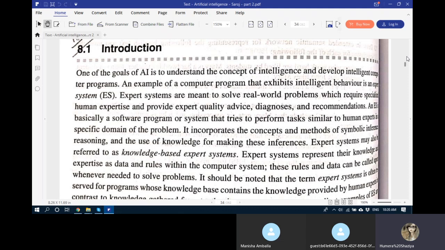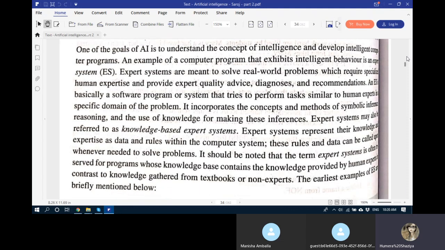These are nothing but their specializations. They are doctors. So instead of calling them a doctor, we call them a cardiologist because he is an expert or a specialized doctor of a particular field, which is heart.